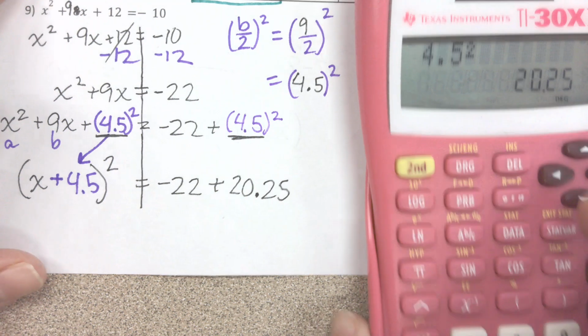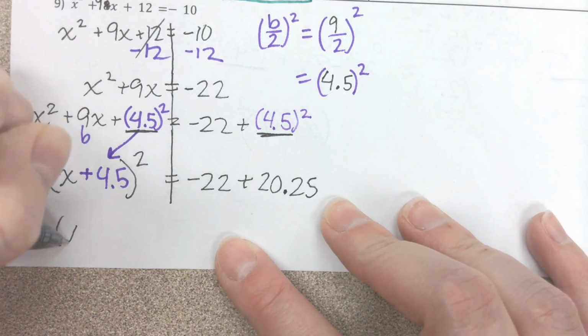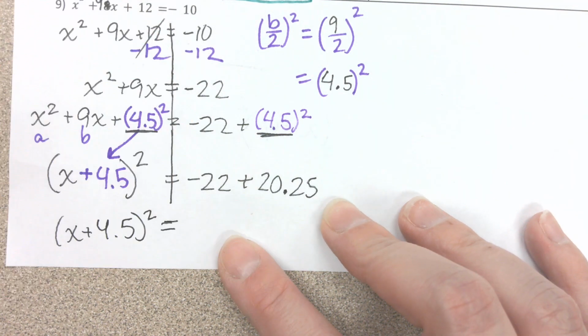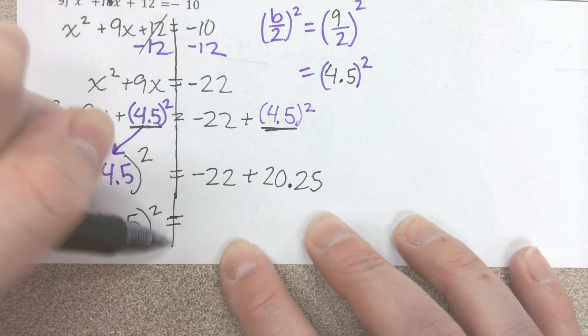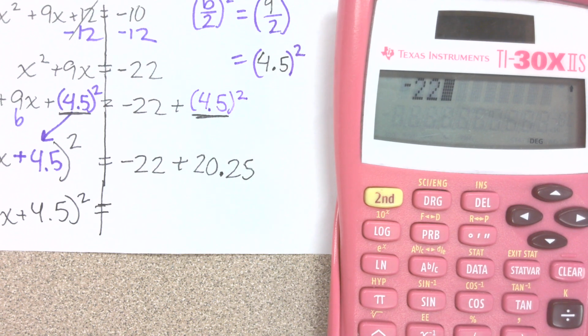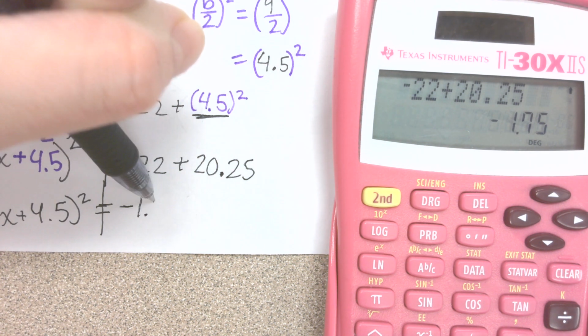All right. We have x plus 4.5 squared equals, and I'm going to add these real quick. Negative 1.75.